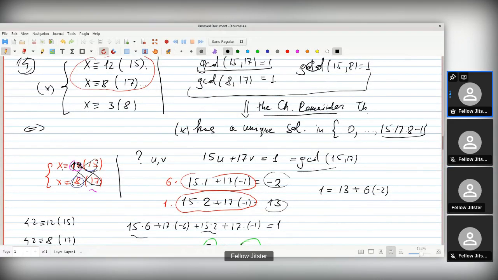This is equivalent to the following: X is congruent to this number modulo 15 multiplied by 17 multiplied by 8. So this is the solution. Is it clear?